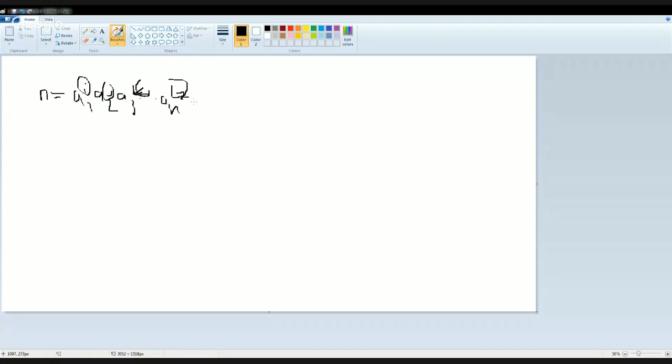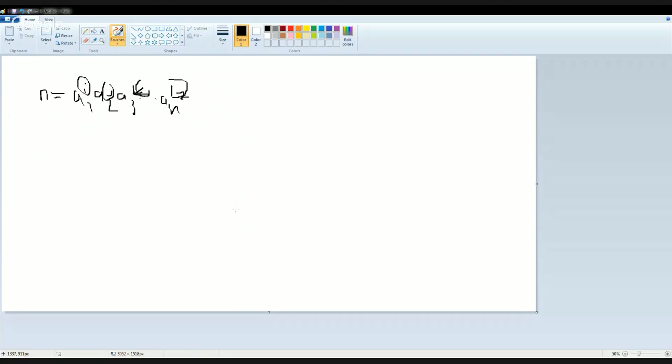Now, a perfect square intuitively will have, in the prime factorization, all the exponents of the prime factors be even, obviously, because it has to be divisible by 2.